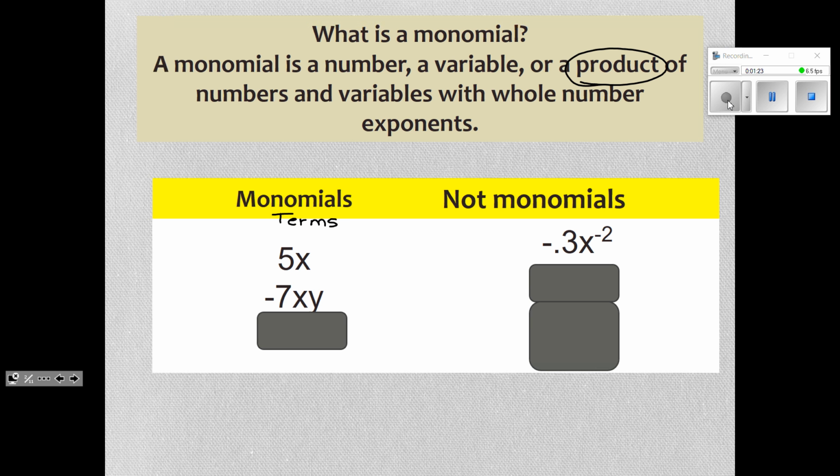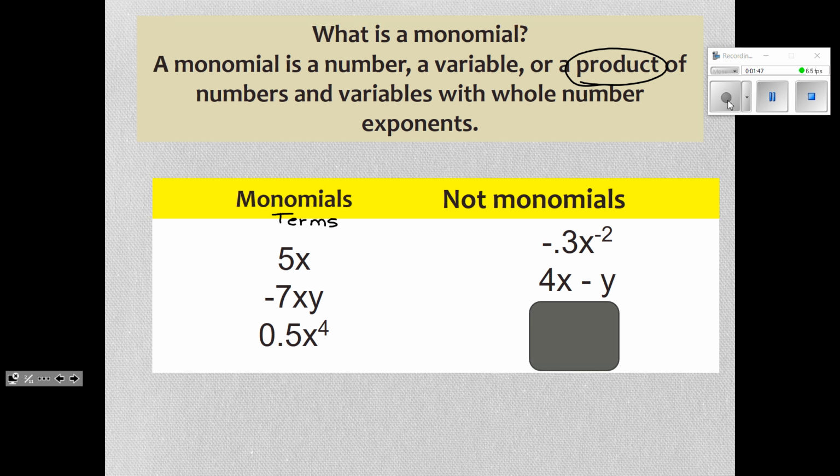You cannot have a negative exponent. Negative 7 times x times y. That is a monomial. It is the product of a number and 2 variables. This next example is not, because you have a subtraction sign. 4x is a monomial and y is a monomial, but they are 2 monomials, which makes it actually a binomial. You can have a decimal.